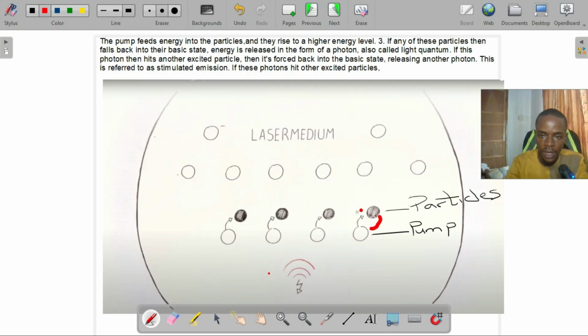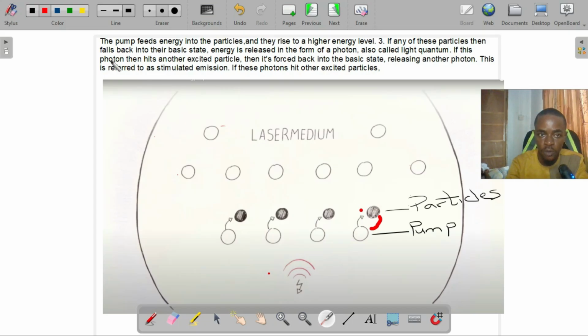Now if this same photon moves to match with another particle, that's why I wrote here, let me bring out my pen. It says if any of these particles fall back to their basic state, energy is released in the form of a photon, also called a light quantum.